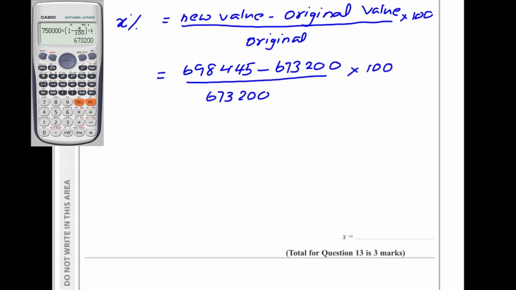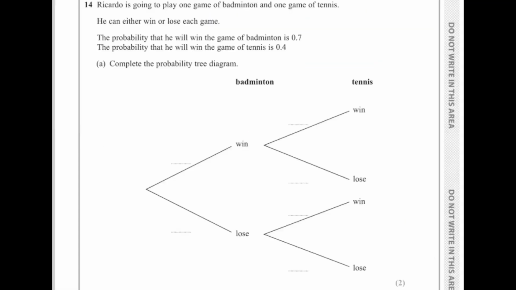It gives out 15 over 4, which means 3.75. So the answer is 3.75%. It gets decreased.